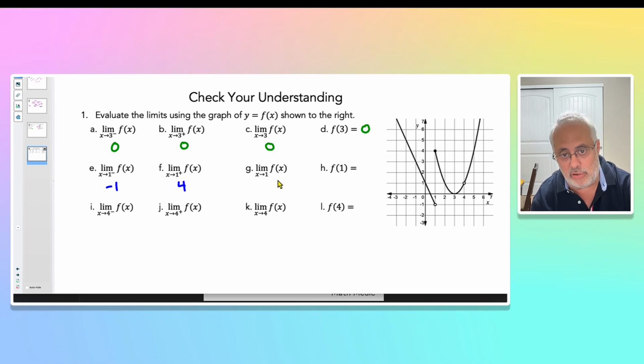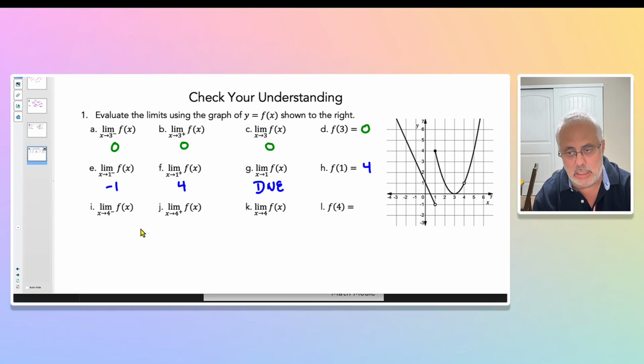The limit of the function when x approaches 1 does not exist. Why? Because the two side limits are not the same. f of 1 is defined here as 4. f of 1 is defined as 4.